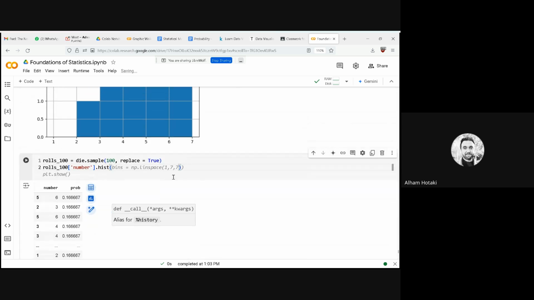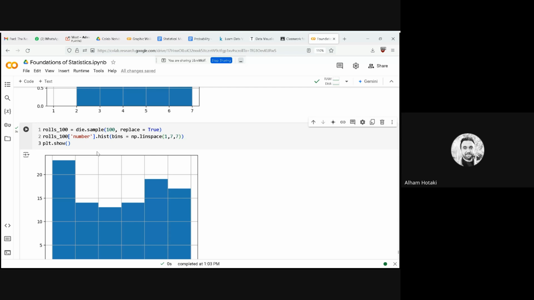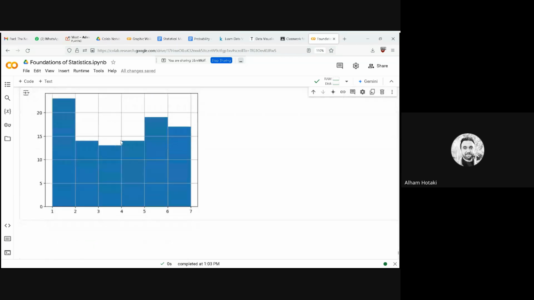Again, same thing. This is the visualization of rolling a die 100 times.